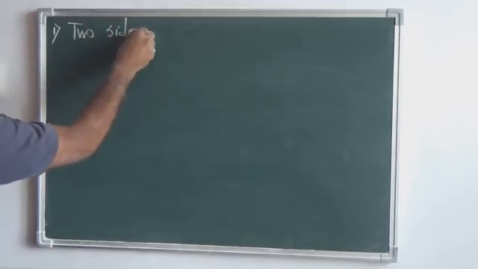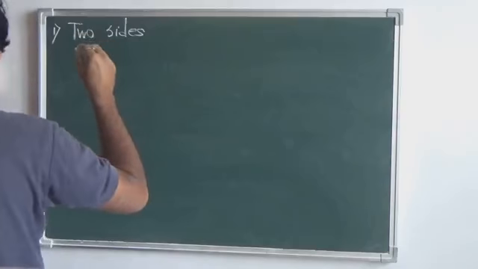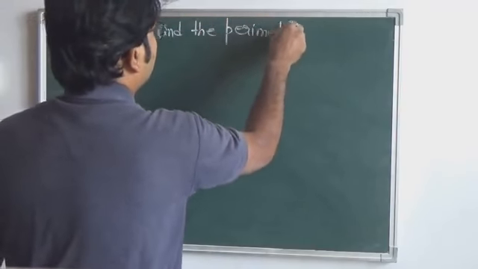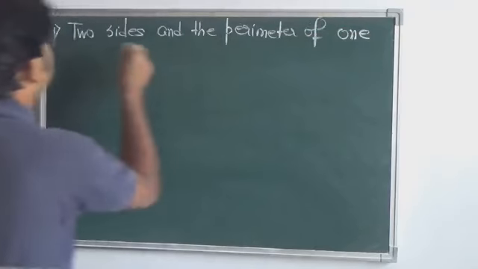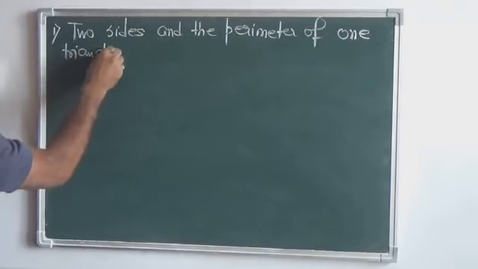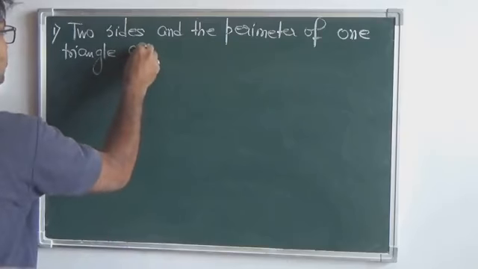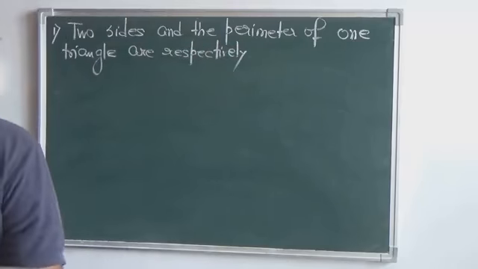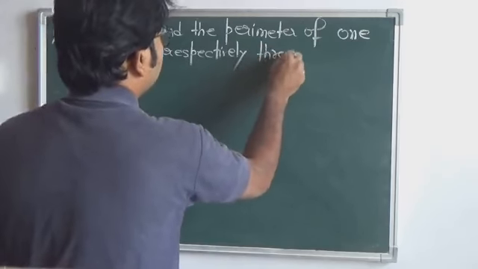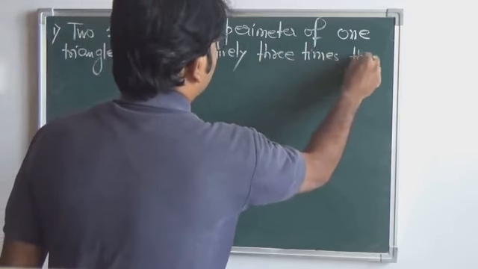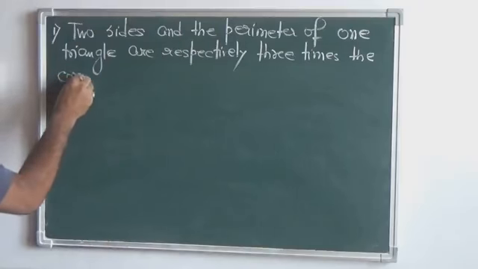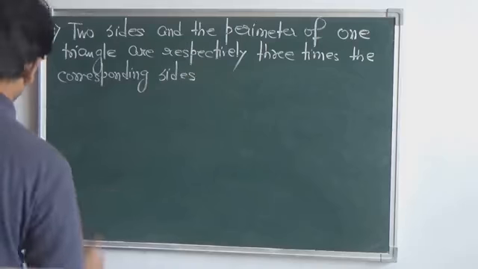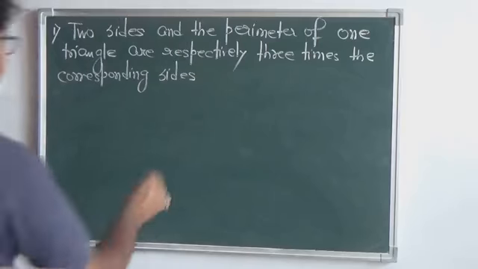Two sides and the perimeter of one triangle are respectively three times the corresponding sides and the perimeter of the other triangle.